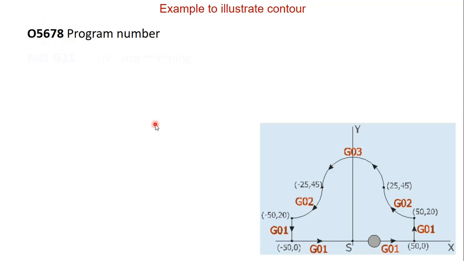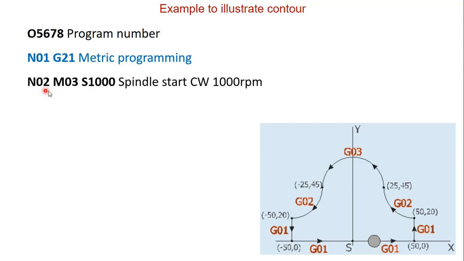Then the first line is N01, that is the line number, and G21 means we are using the metric system. Then N02, that is the next line, M03 S1000, which means the spindle should start in the clockwise direction at an RPM of 1000.